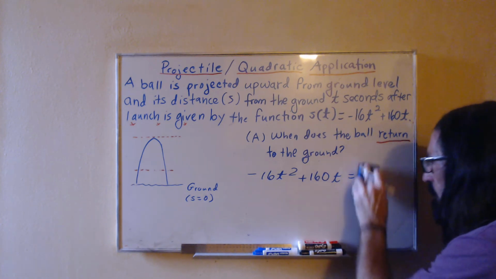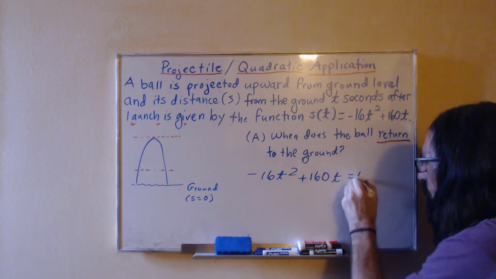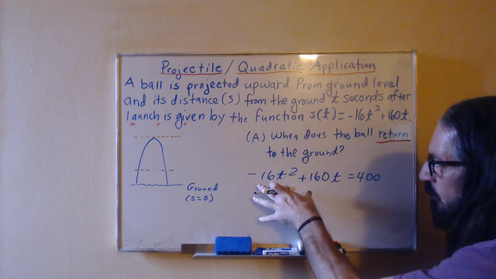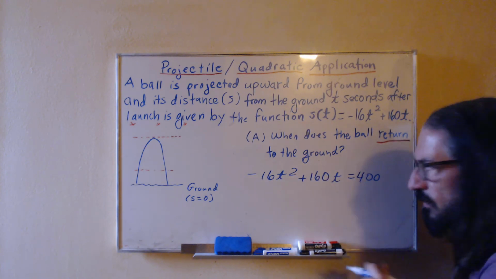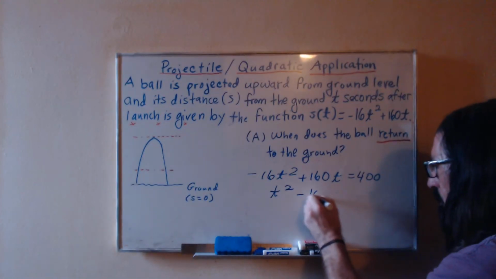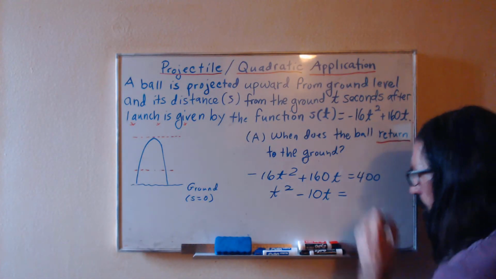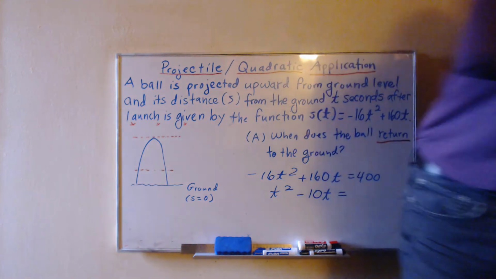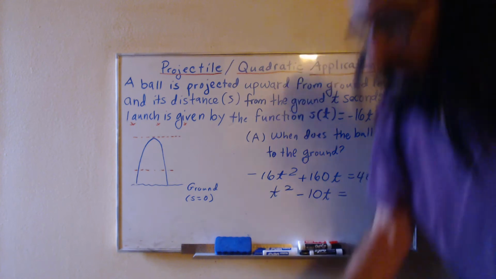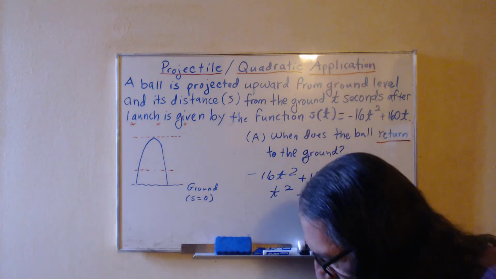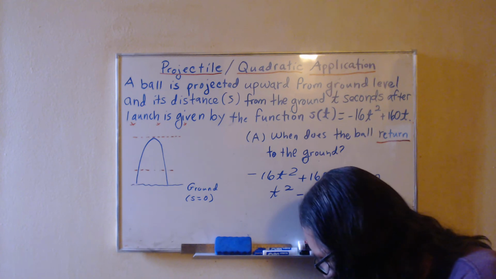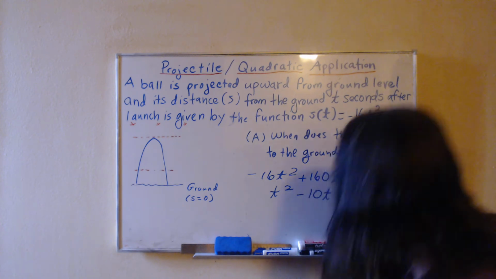For part B, instead of 0, we've got it at 400, and we can divide all of these by negative 16 as well. 400 divided by negative 16 should be negative 25. I'm going to quickly check that. It is.